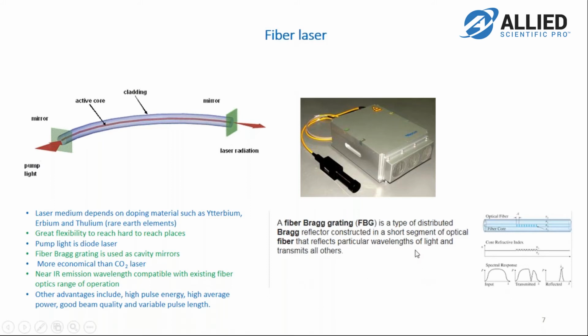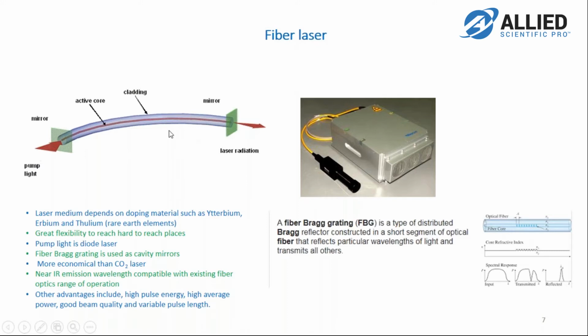Basically there are some inscriptions inside the fiber that act as a grating and only reflect one particular wavelength. So instead of having a mirror, you have a diffraction grating inscribed inside the core, and that acts as a mirror, reflecting one particular wavelength.